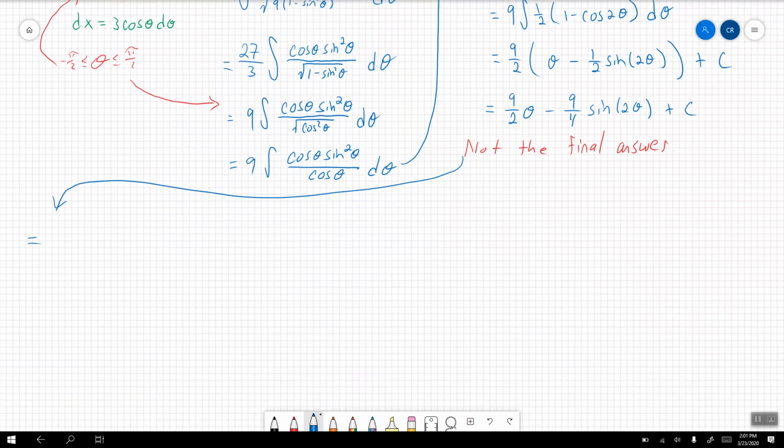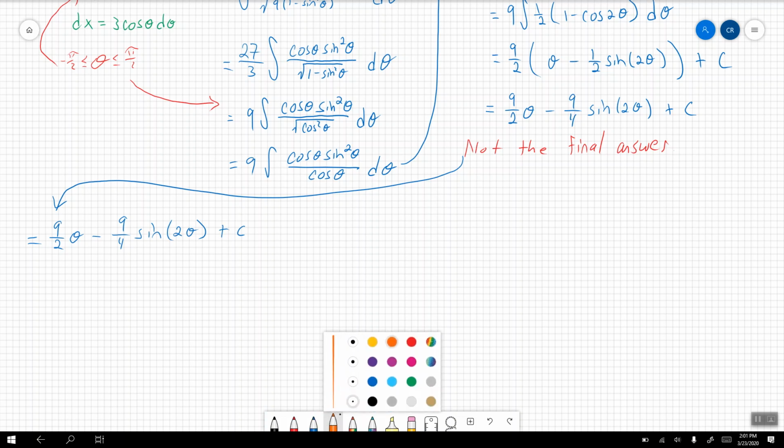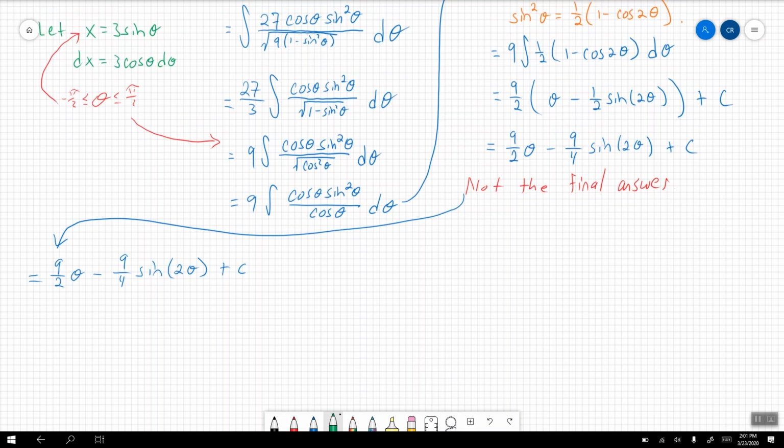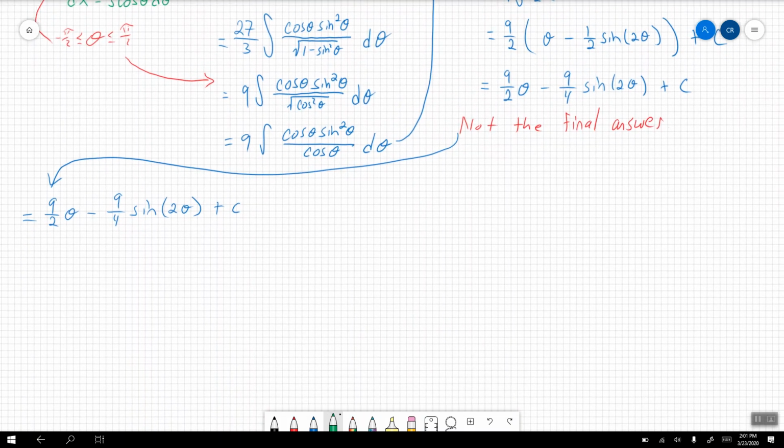All right, so the answer that we have so far is 9/2 theta minus 9/4 sine of 2 theta plus C. Nice. Now, I'm going to go back and recall the substitution that we made at the very beginning, which was x is equal to 3 sine theta.